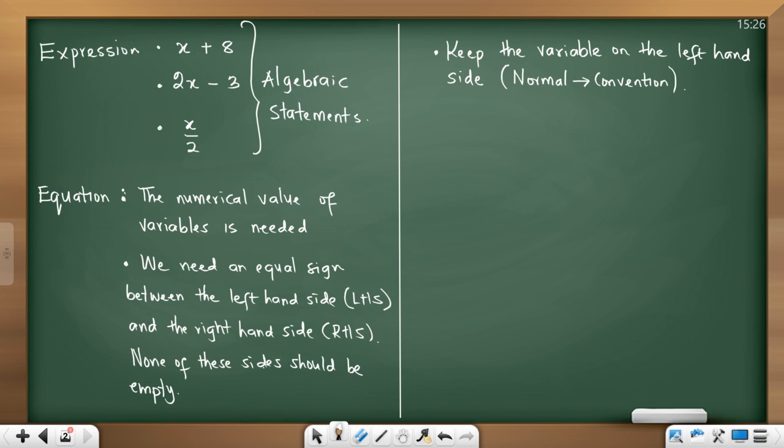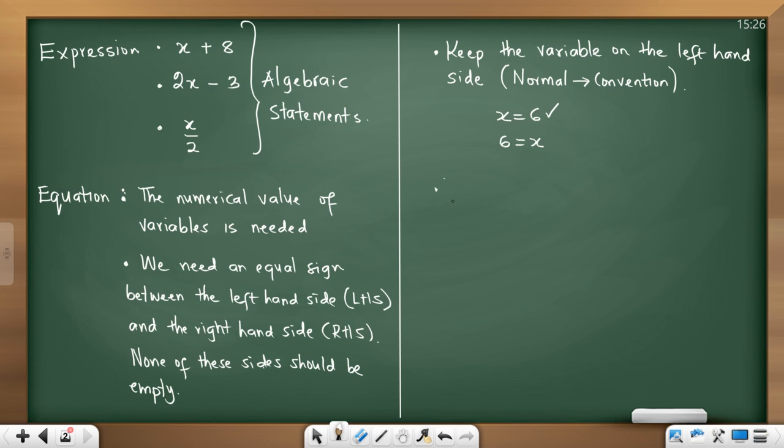Look at what I mean. If I write x equals to 6 and 6 equals to x, they are both saying the same thing, but one looks more presentable than the other. So we want to keep it like that. X equals to 6. Take note of that.